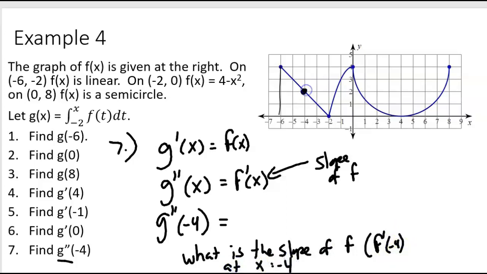It's right here. What's the slope of that line? Well, the rise is negative 1 and the run is 1. So rise over run, negative 1 over 1 is negative 1. The slope of f. So when you see that, they're asking basically in this case for the slope of f.